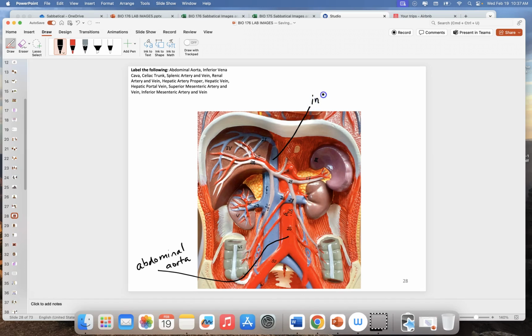This is going to be our inferior vena cava. We'll start with branches coming from the aorta. The first thing that we can see right here is the celiac trunk.